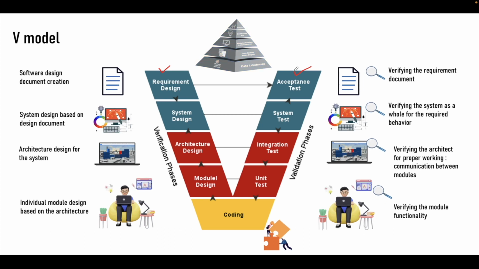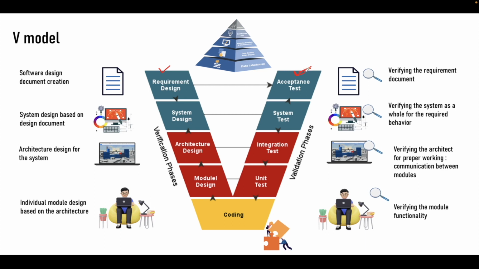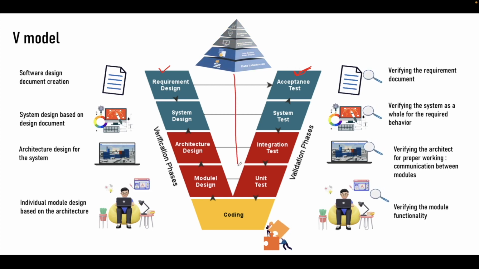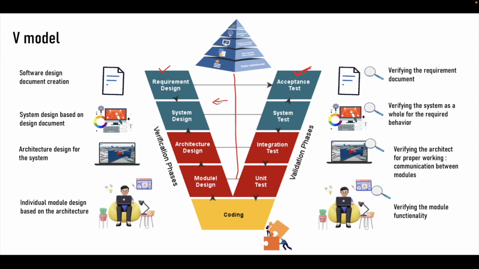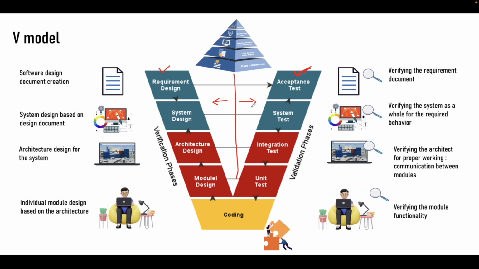If everything is satisfied, whatever is written in the requirement document, then the acceptance test will clear all the required things and you will get the software ready. Here, the left hand side, if you are able to see, are all related to the development process, and the right hand side is related to the testing process.